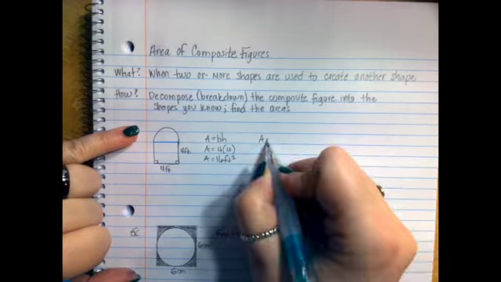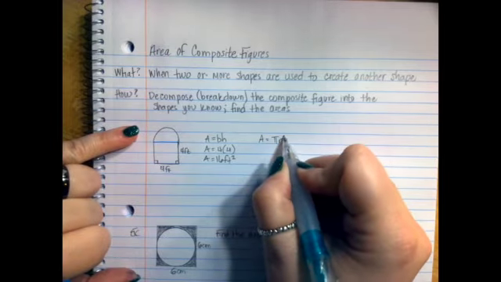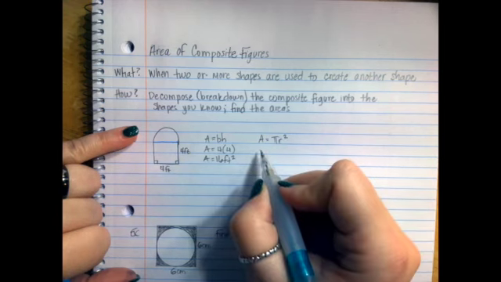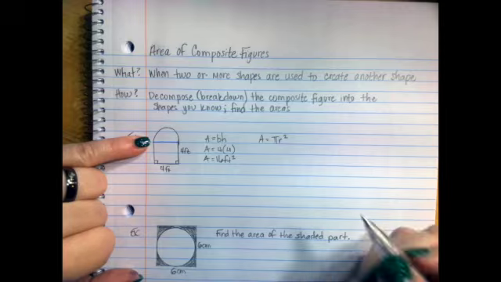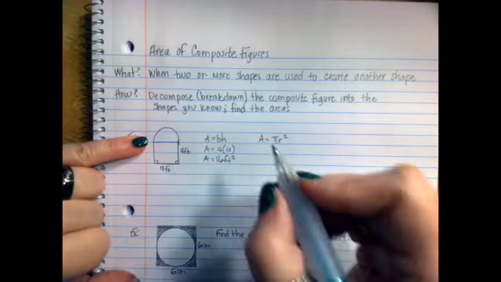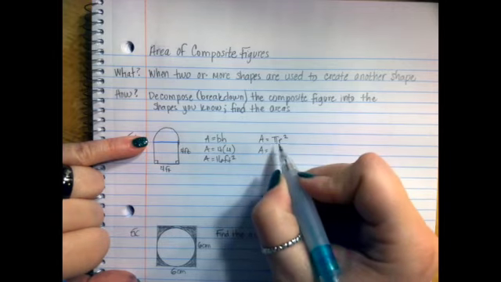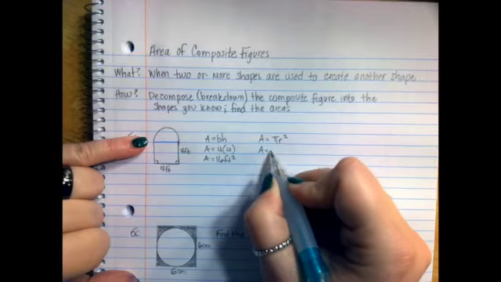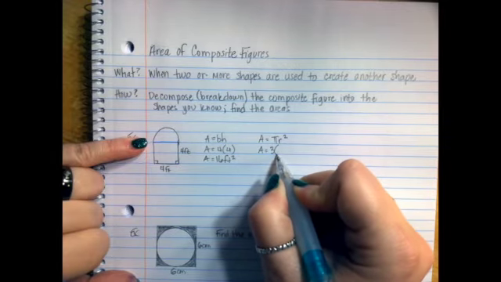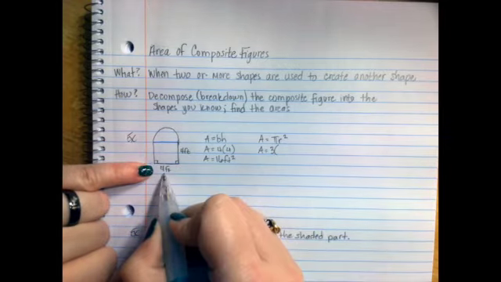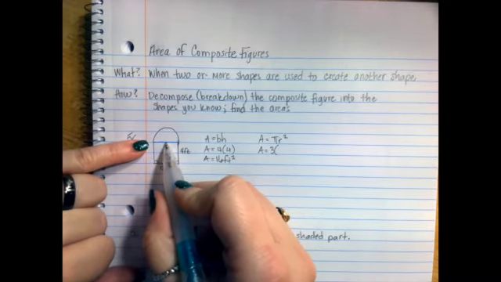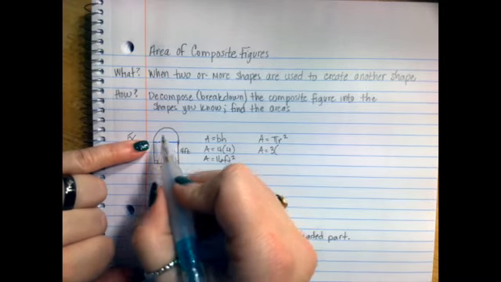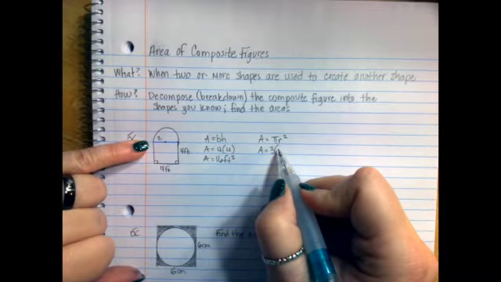Well, I know that a circle is pi times the radius squared. But since I have half the circle, in the end, I'm going to divide everything by 2. So let's say we're going to use pi as 3. So 3 times my radius, well, my diameter is 4. So my radius would be half of that, giving me 2.